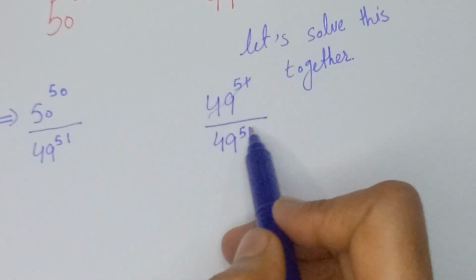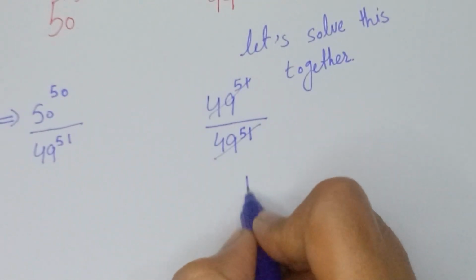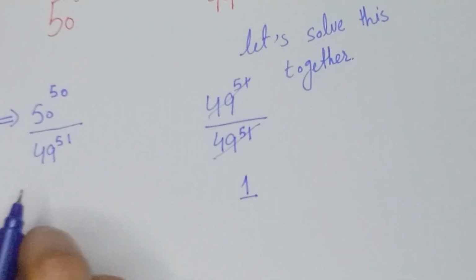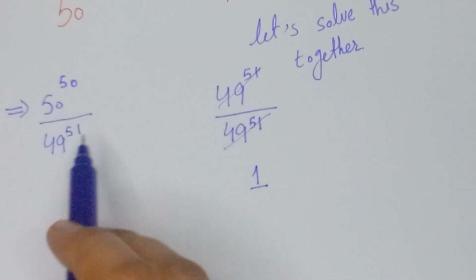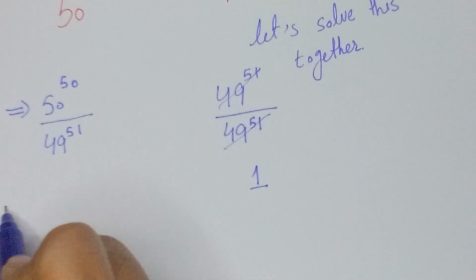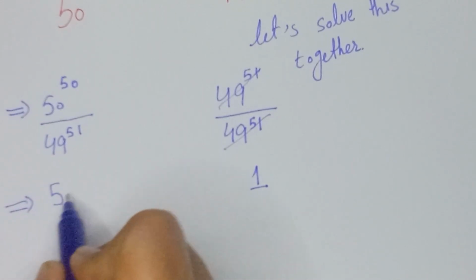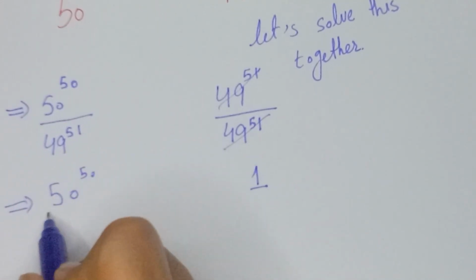On the right hand side we will get 1, but on the left we have 50 to the power of 50 and 49 to the power of 51.